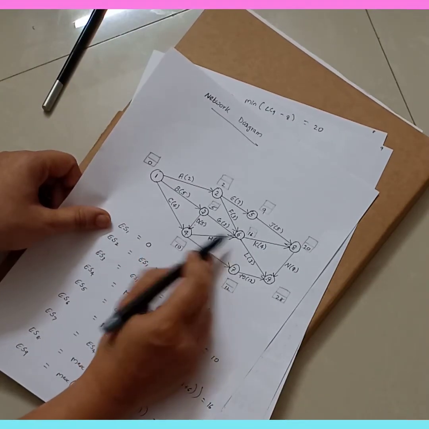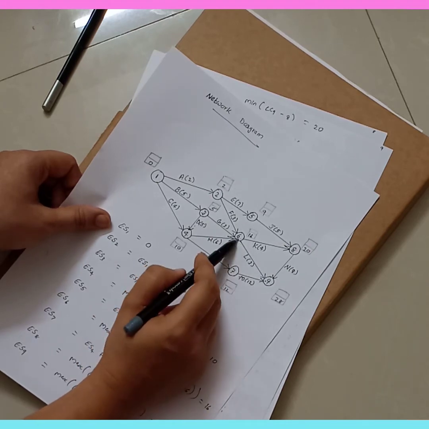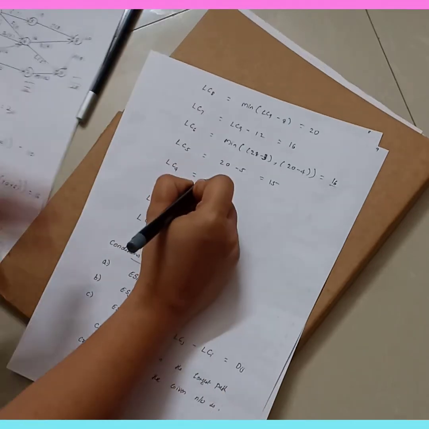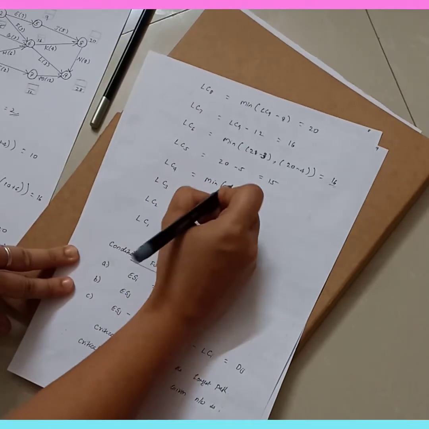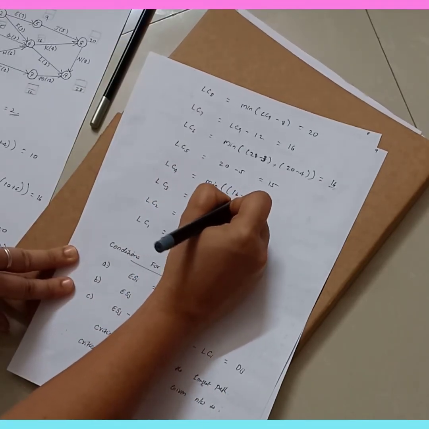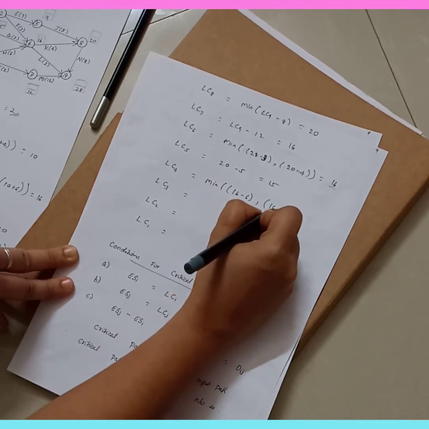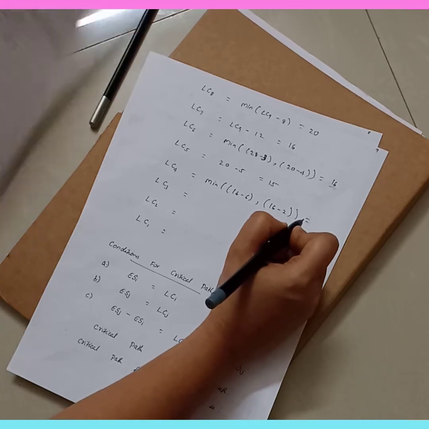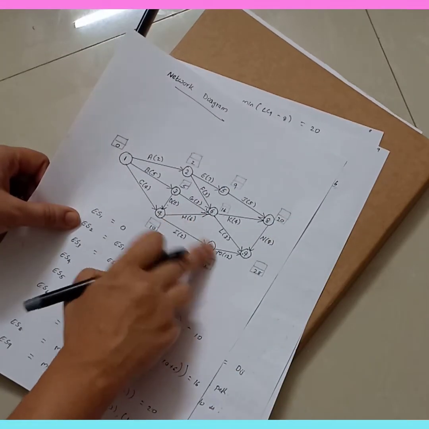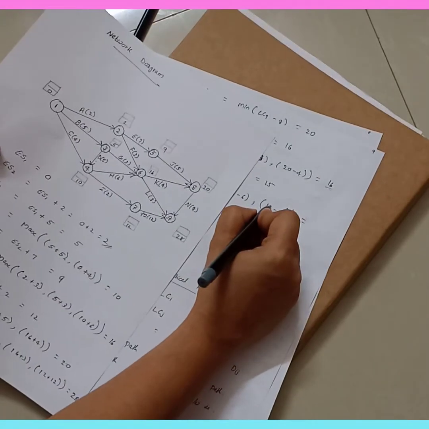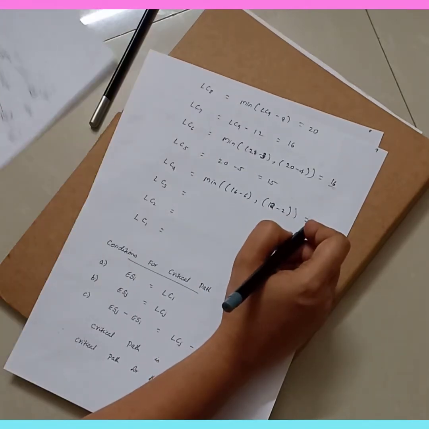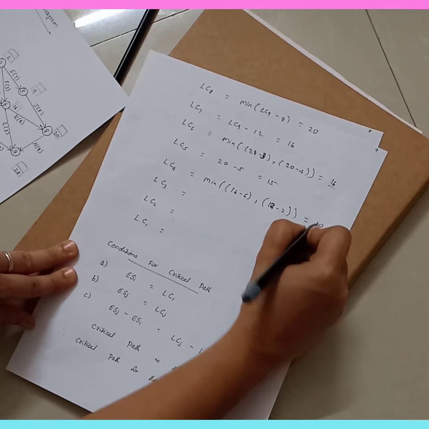Here you again have two activities, one coming from 6, that is H, and one coming from 7, that is I. So you write minimum of 16 minus 6, comma, 12 minus 2. So finally you will get the answer as 10.